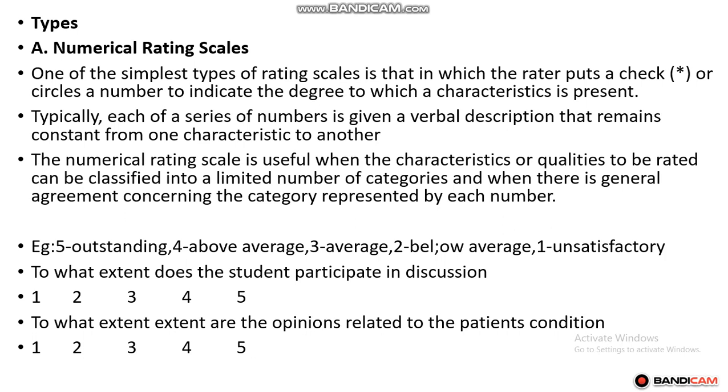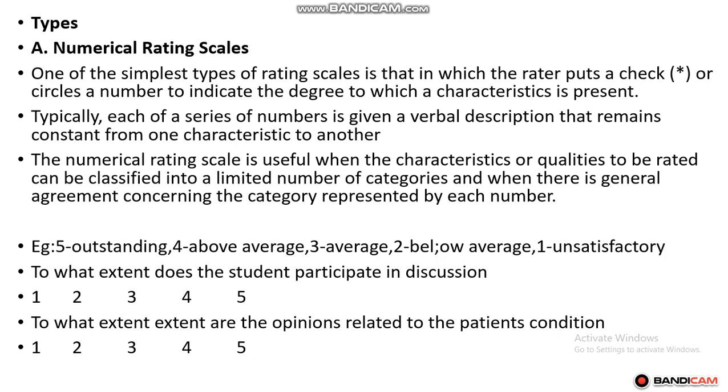So you can see one question, I will read. To what extent does the student participate in discussion? So the teacher is evaluating as outstanding participation from the students in discussion, or it may be above average, sometimes below average. Sometimes the student may not be participating very well in the discussion, then it may be unsatisfactory. Second question, to what extent are the opinions related to the patient's condition?